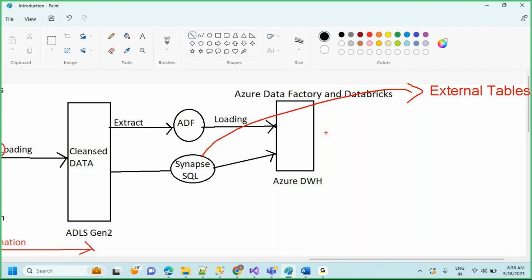Those external tables are going to point to the data in Azure Data Lake Storage Gen 2.